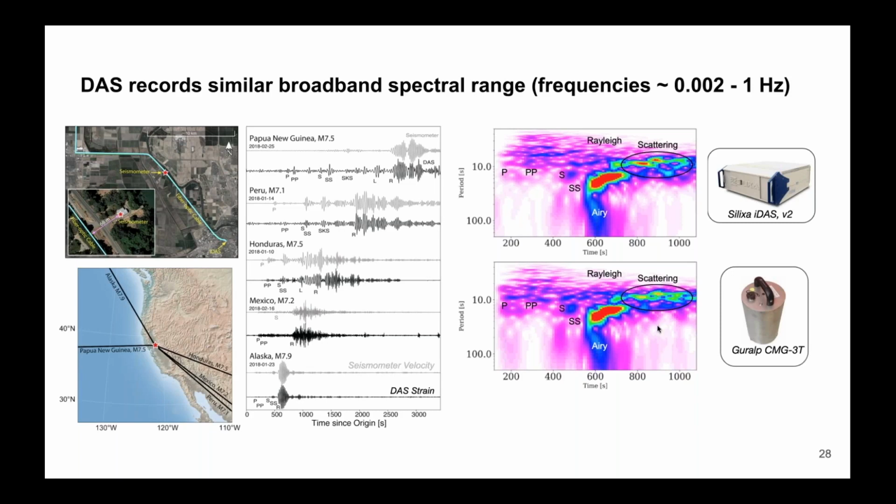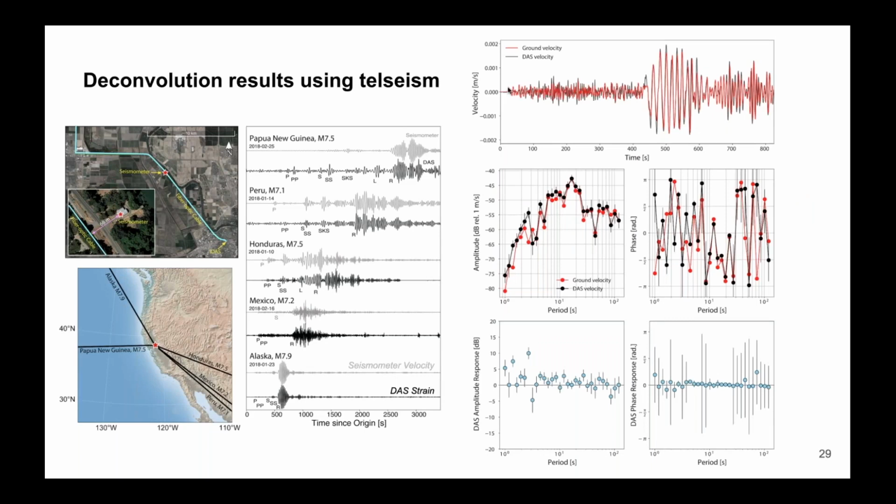And this is the basis of, now we've basically put our data into the same coordinate system. We've removed the Geralp instrument response, so we're looking at true ground velocity. And so now the only thing that's left is the instrument response of the DAS. If we plot these two records on top of each other, wiggle for wiggle, they do quite well.